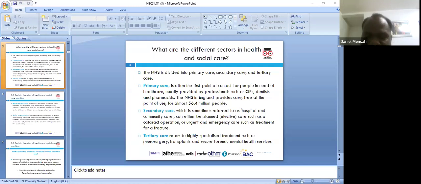These assignments will determine whether you fall under a pass student, a merit student or a distinction student. When we say pass, it means there are learning outcomes that we expect learners to be able to meet.